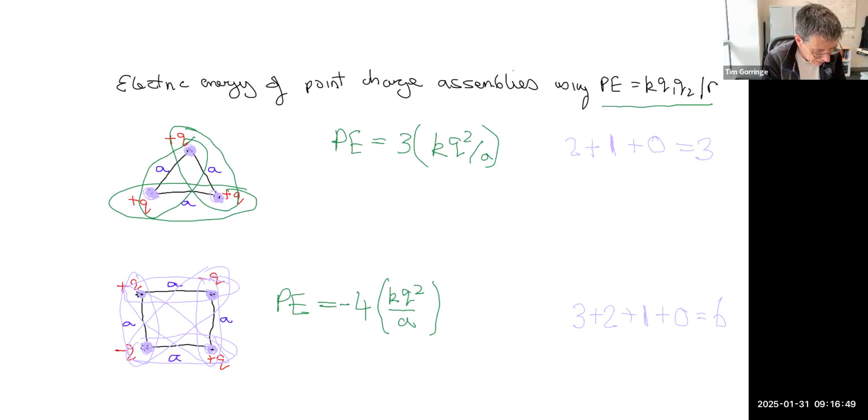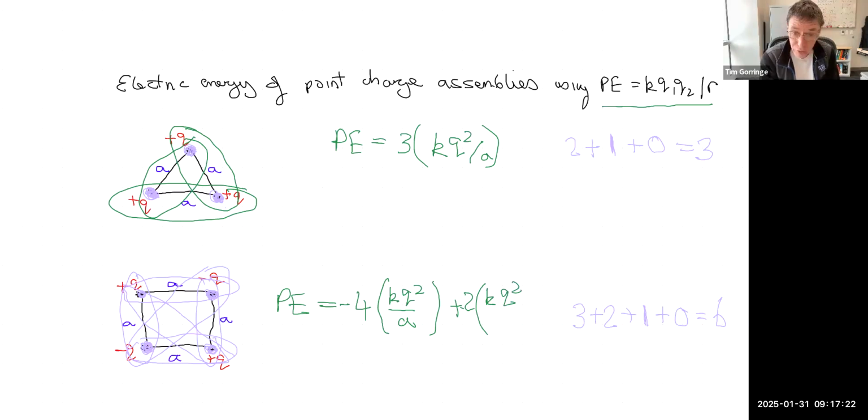And then there's an additional contribution from two pairs across the opposite corners. That's going to be a positive contribution to the potential energy because these are like charges, either two pluses or two minuses. So plus times plus is plus, minus times minus is plus. For each of these two pairs, the potential energy is K, the Coulomb constant, times the product of the two charges.